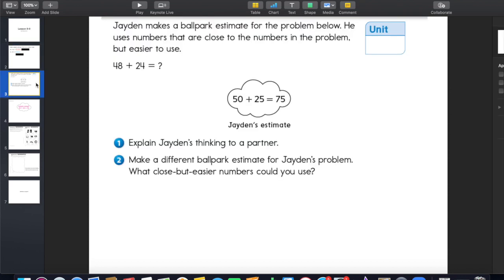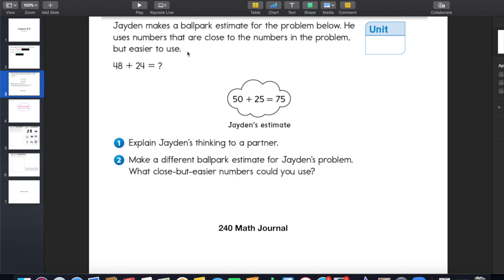Okay, so this is the math message question for the day. It is on page 240 of your math journal. So if you don't have your math journal out, please take a minute and get it out and work on the question. It says, Jaden makes a ballpark estimate for the problem below. He uses the numbers that are close to the numbers in the problem, but easier to use.